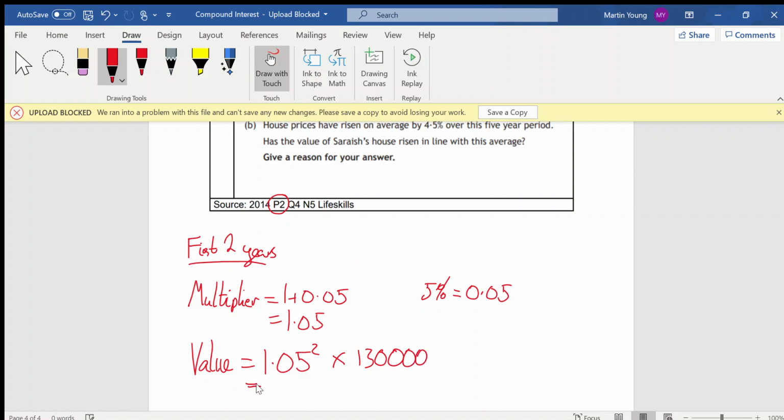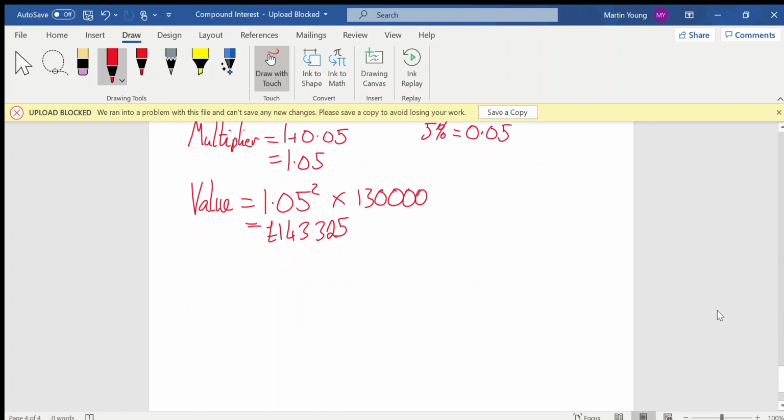Grab the calculator. 1.05 to the power of 2 times 130,123. Okay, so I am getting, for this one, it's actually an exact value, no decimals, 143,325, so £143,325. And that's after the first 2 years.